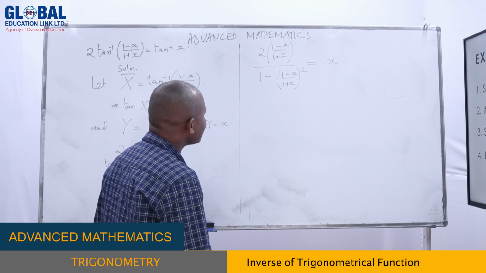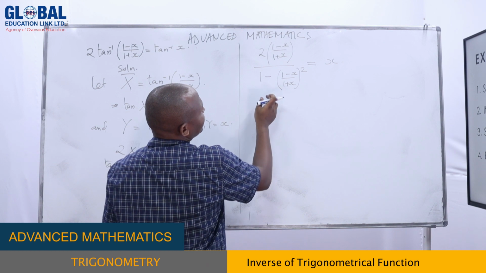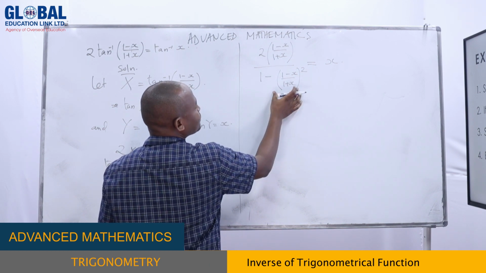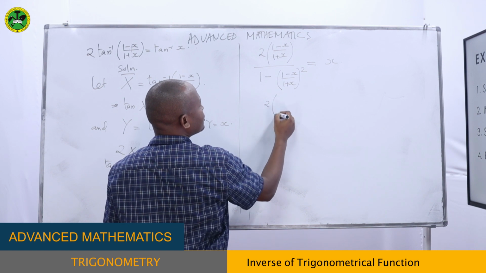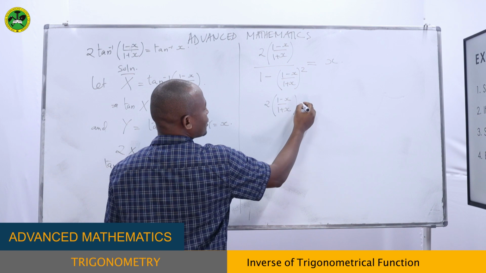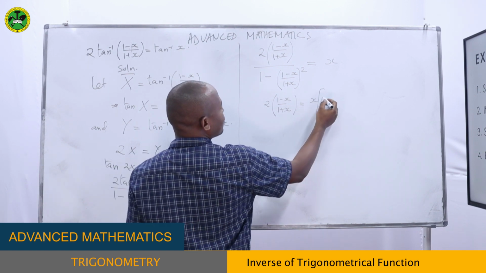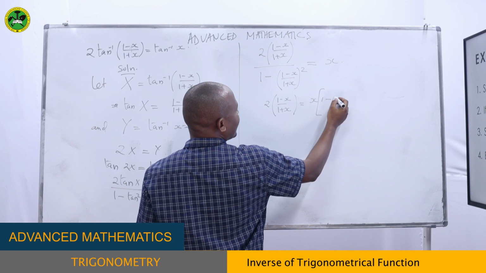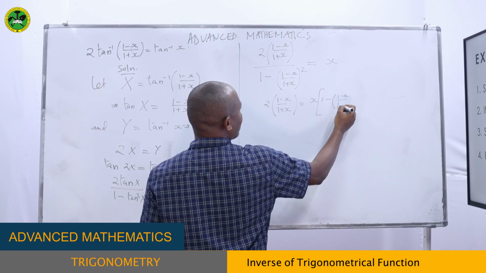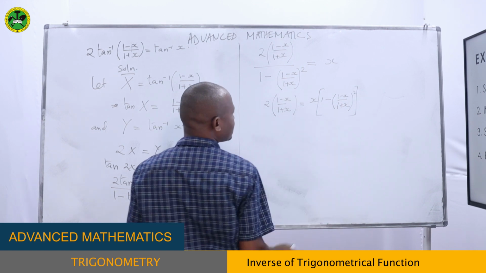And how do we do that? Let's do it. Now, let's multiply this to that side. Now, it will be 2(1 − x)/(1 + x) equals to x, and then we have 1 minus, in brackets, ((1 − x)/(1 + x)) squared.